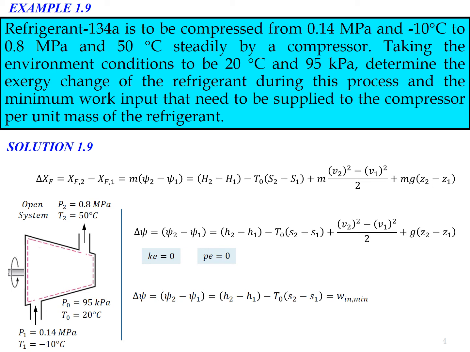So we already discussed this term when we discussed about the difference between the compressor and also the turbine in terms of formula involved with exergy. Okay, so now we need to determine the H2 value, H1 value, S2 value, and also S1 value by using the R134A table.